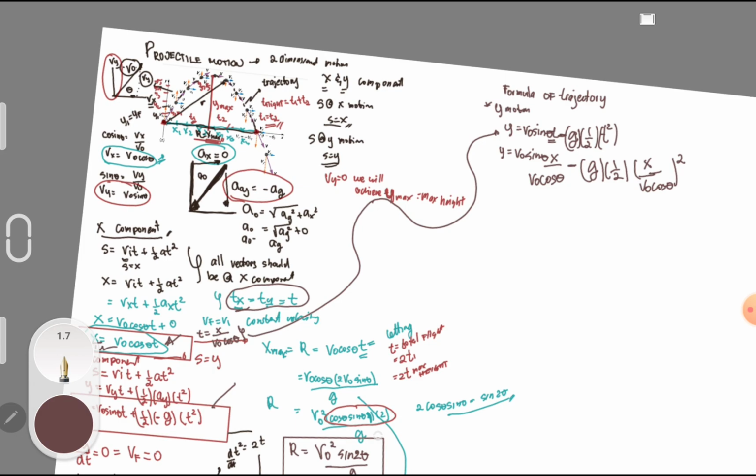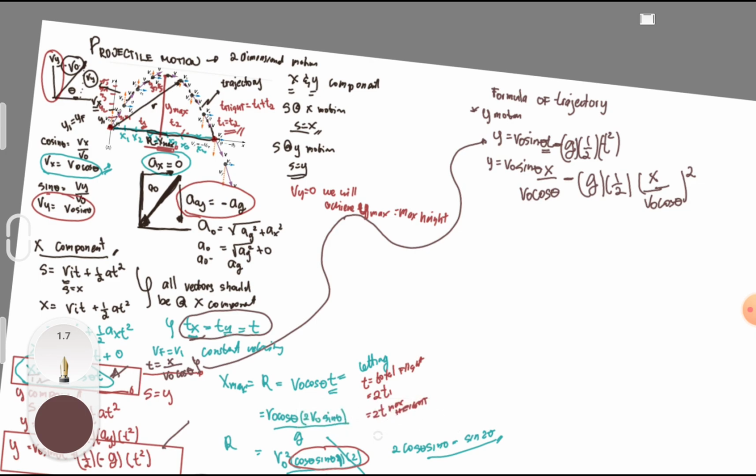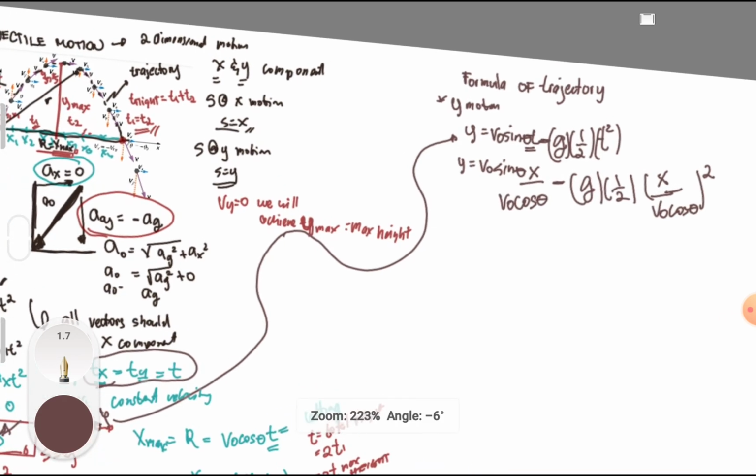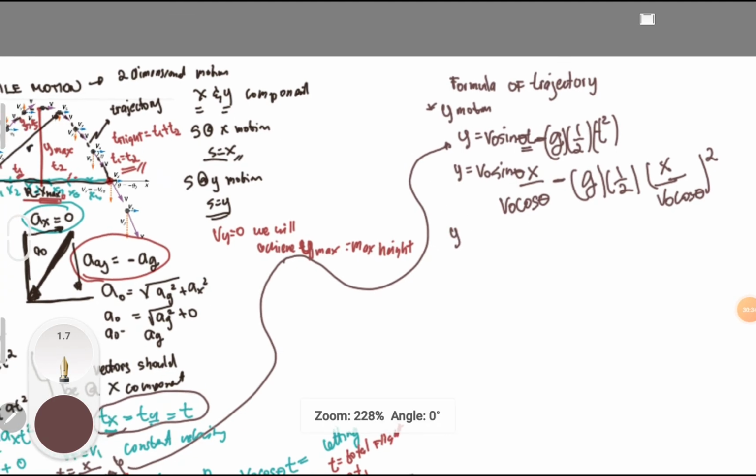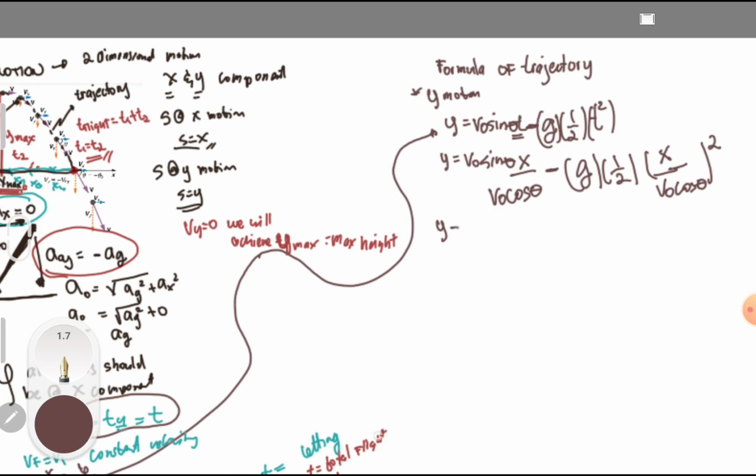So, for further manipulation of this equation, i-apply natin yung trigo functions natin. Take note that sine theta all over cosine theta is always equal to our tan theta. Diba? So, we have y therefore is equal to tan theta x.